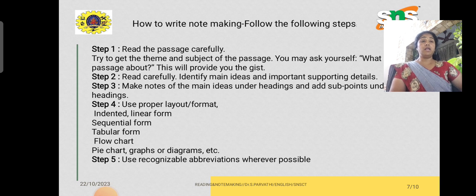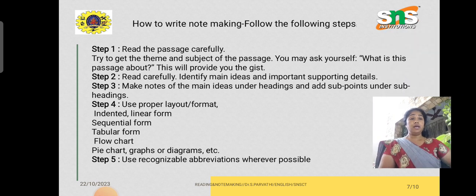For example, the whole passage is about robots. So you understand this passage tells about robots, when they were manufactured, the usage of robots, advantages, disadvantages, all those come in that part, right? So the first thing, you should understand the subject of the passage.